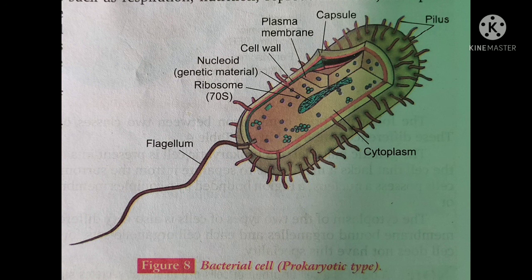Plasmids, mesosomes, and capsules covering the cell are present. DNA is the genetic molecule, 70S ribosomes are present in the cytoplasm, and the cell wall is rigid, strong, and thick.